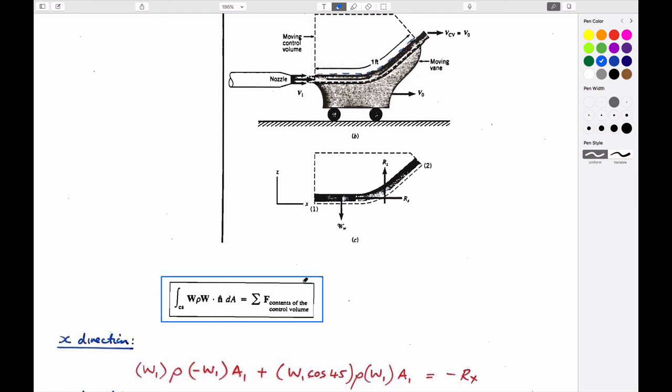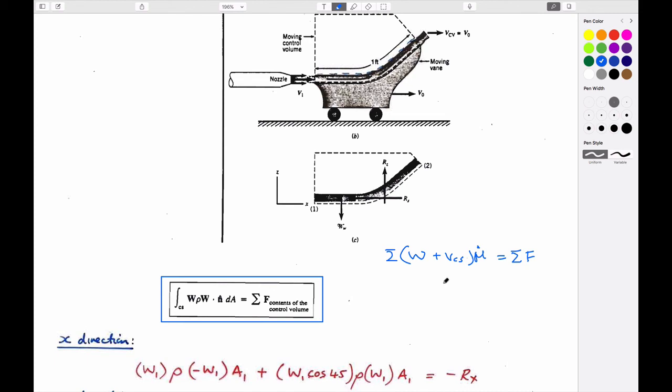Which I suppose in its most generic state we can always write as the case we said before, and that is the sum of the velocities both coming out of the jet versus the velocity of the control surface, multiplied by the mass flow rate, is equal to the sum of the forces.